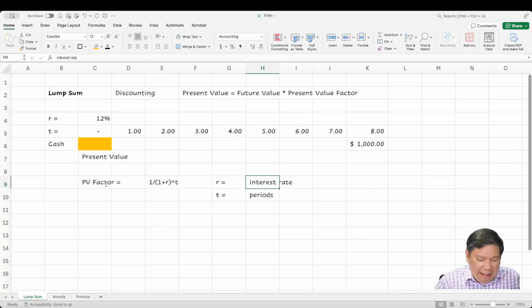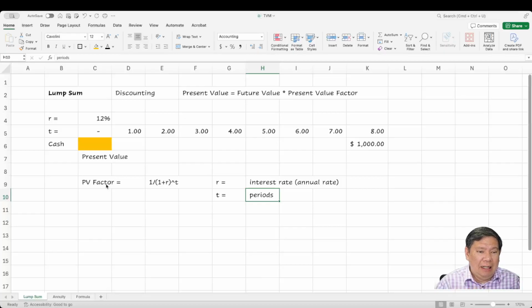The interest rate is usually stated as annual, so if we want to do 6 months or monthly or weekly, we have to modify the calculation a little bit.